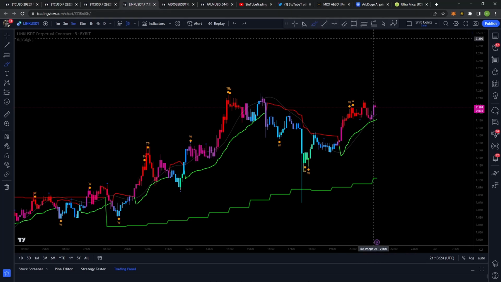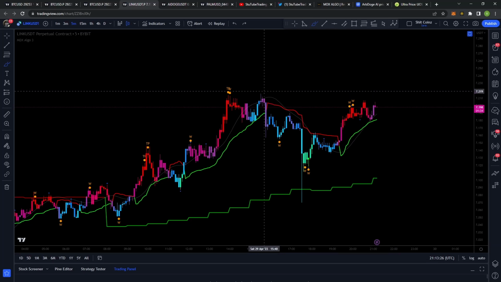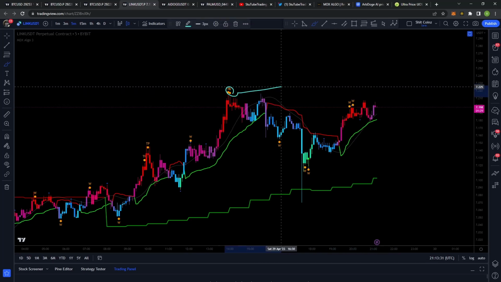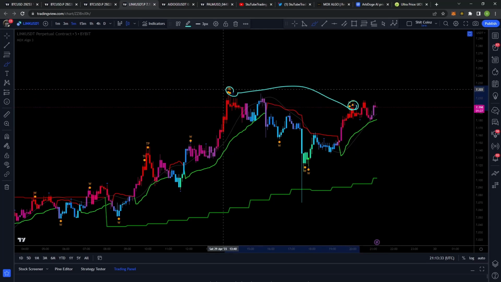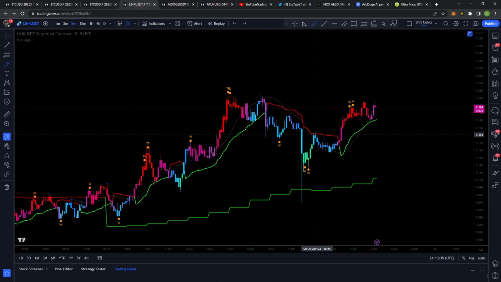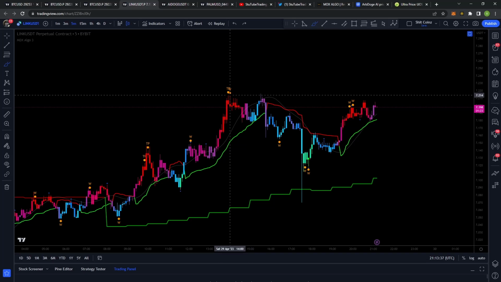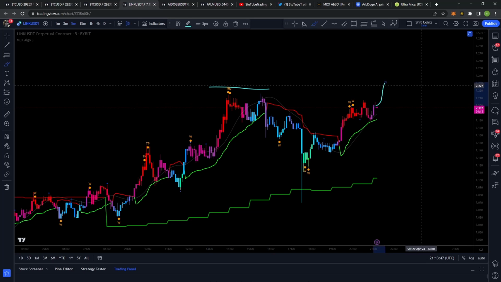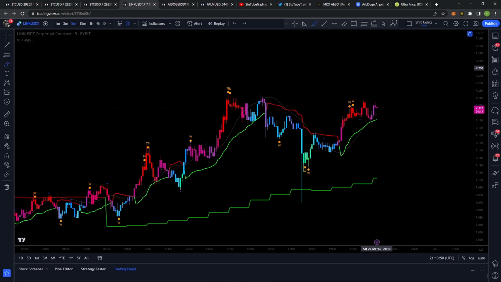But yeah, this is just a nice way that, like I said, even if it's wrong, because it's not going to work out every time, it's just so simple that you have a pretty easy layout. Resistance, our previous high, before we set this lower high here. Just a stop loss a little bit above that. Take a bit of a loss if it ended up pumping, but not too bad.